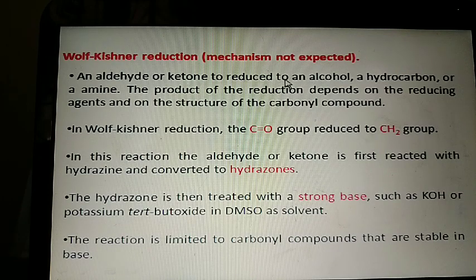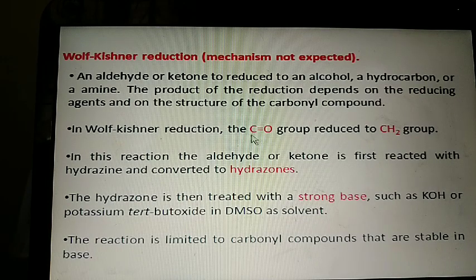An aldehyde or a ketone can be reduced to an alcohol, a hydrocarbon or an amine. The product of the reduction depends on the reducing agent and the structure of the carbonyl compound. Here, what happens is the reduction of C double bond O to CH2. This functional group is converted to this functional group, but it will not give CH2 directly.